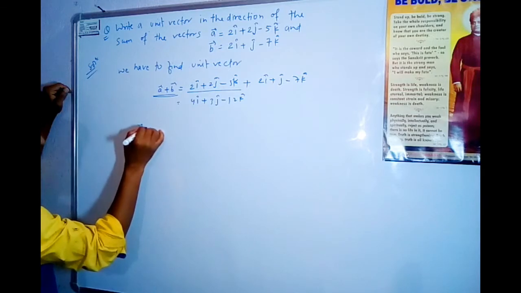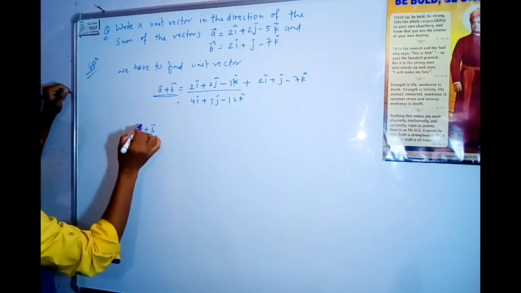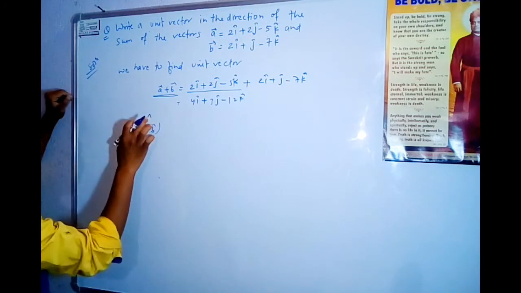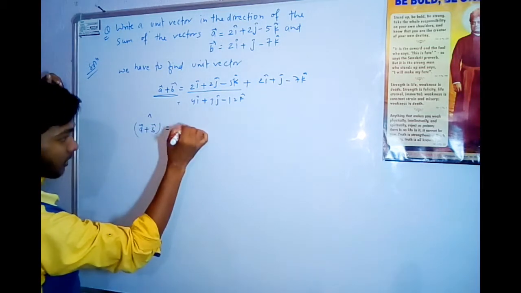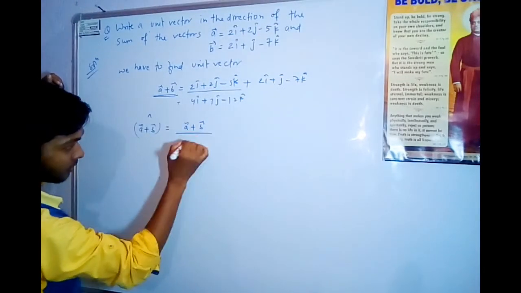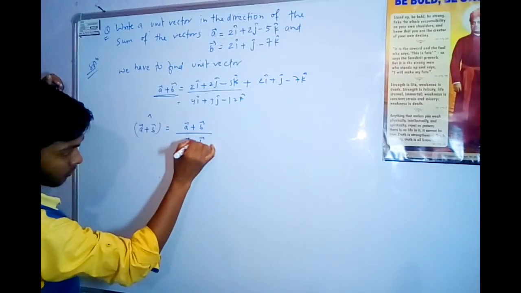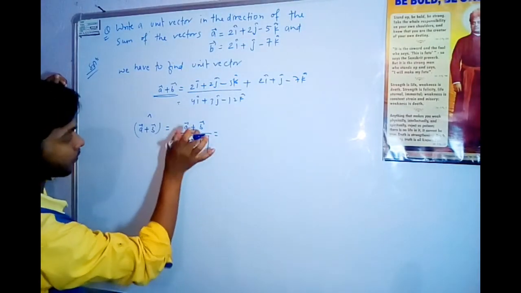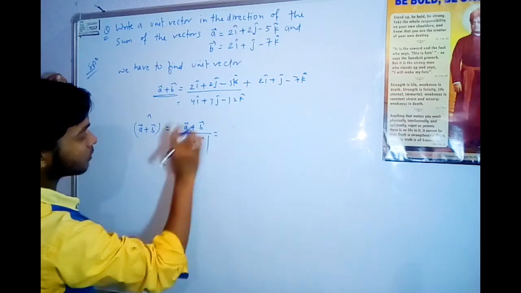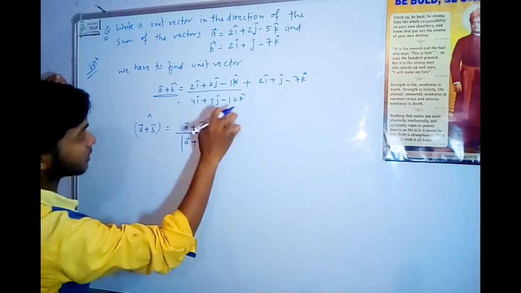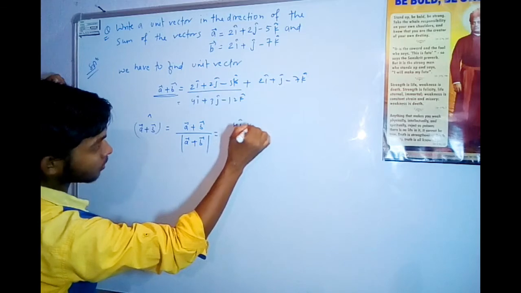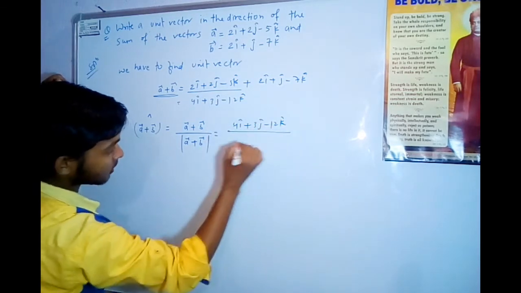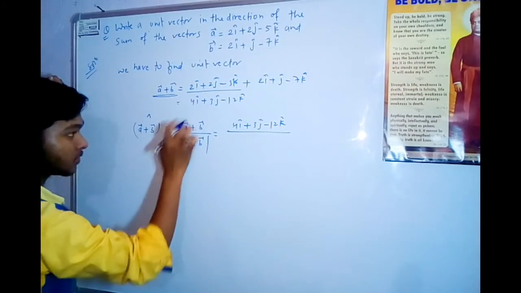So the unit vector, A plus B cap, because this is the sign of a unit vector, is A plus B divided by its magnitude. Put in the value of A plus B that we have calculated, 4i plus 3j minus 12k, divided by the magnitude of this vector.